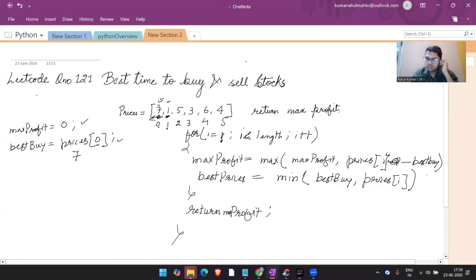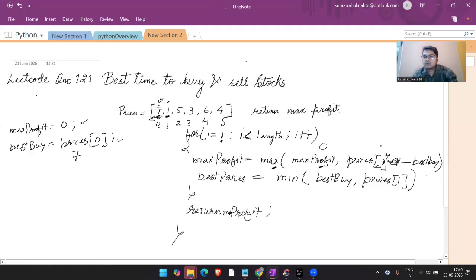So now let me dry run. This particular method max will give the maximum among these two values. What is the maximum profit we currently have? 0. Now, what is the prices of index I?